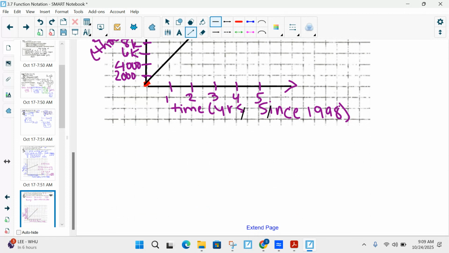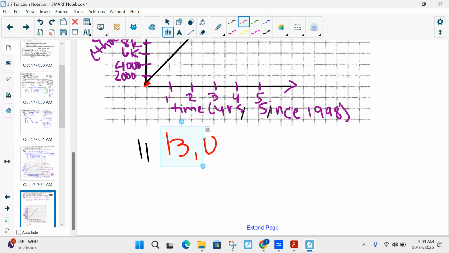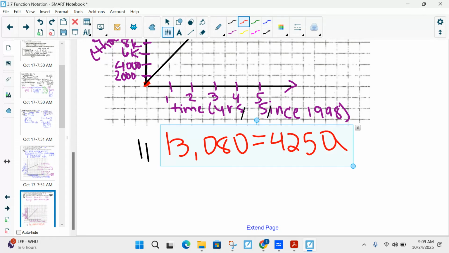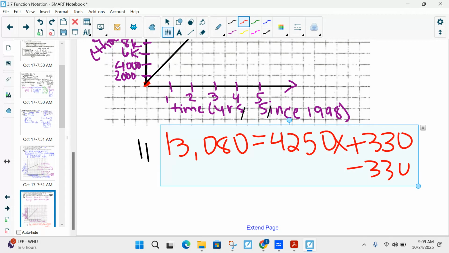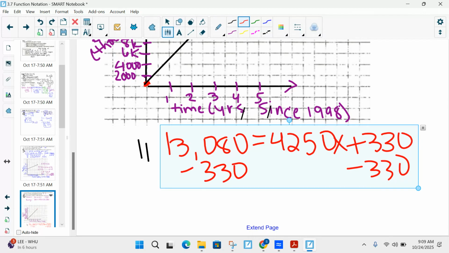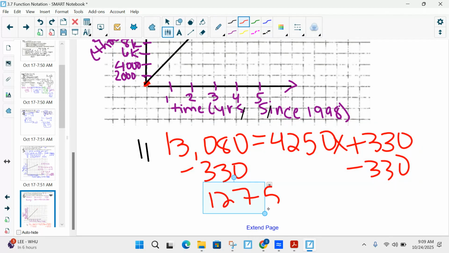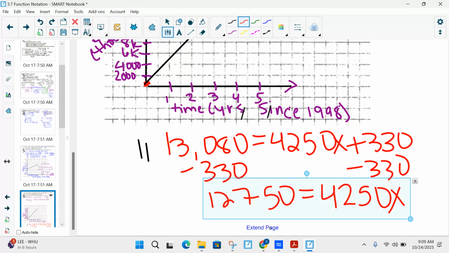So the idea here is that we're going to set our equation equal to 13,080. 13,080 equals 4250x plus 330. Subtract the 330 over and get 12,750 equals 4250x.